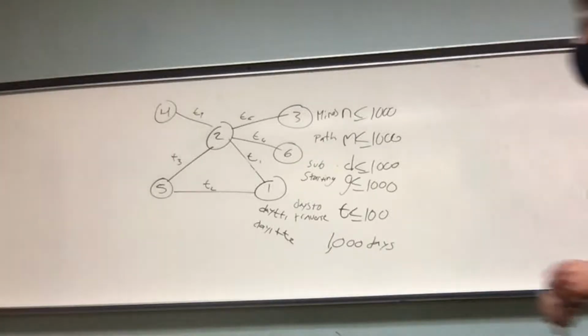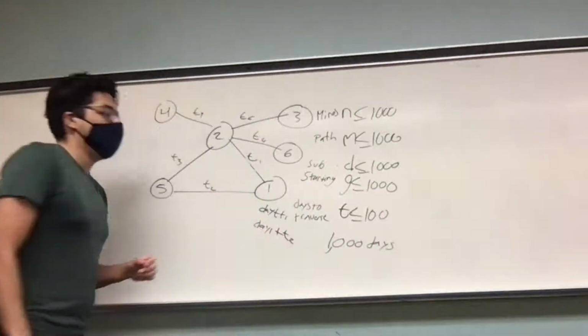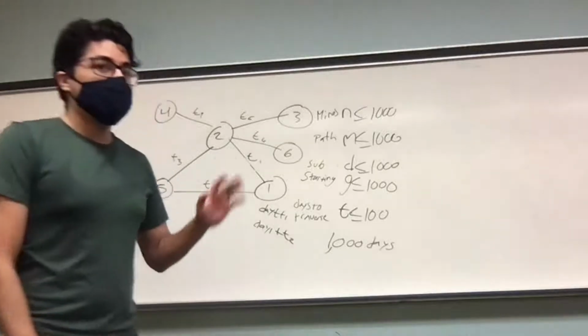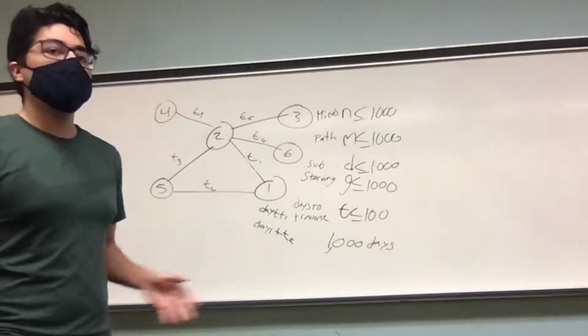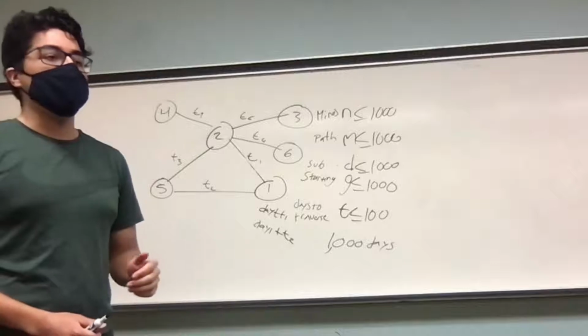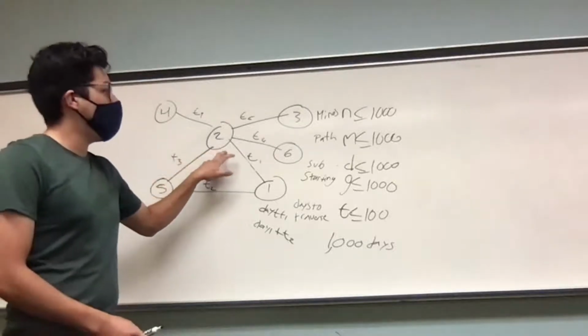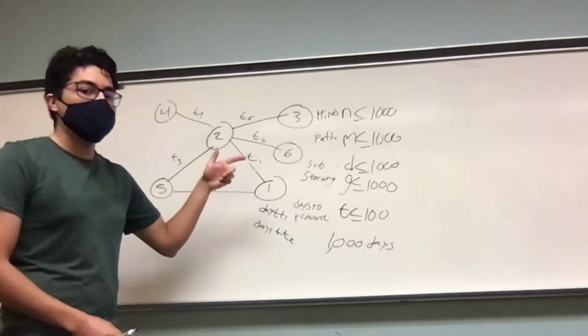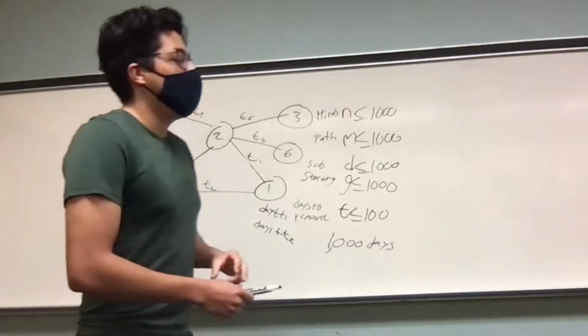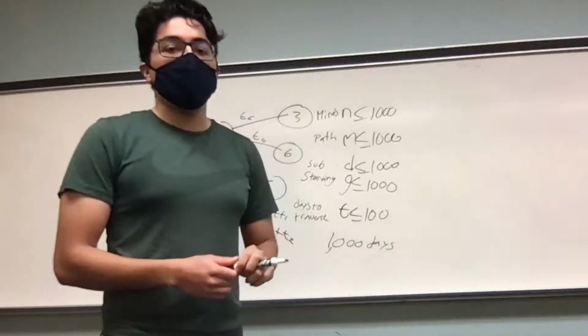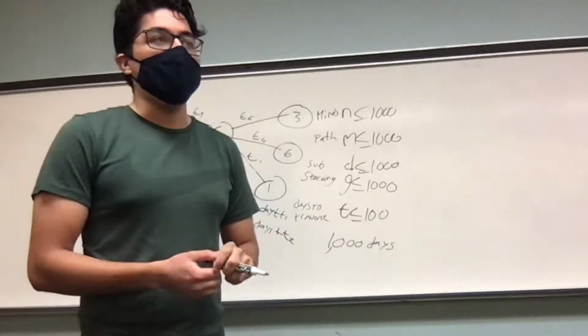Now, since we're given a graph, usually you want to do some sort of solution that deals with graph traversal, because it's important to keep track of the connections to each node. So what kind of graph traversal algorithms do we have?